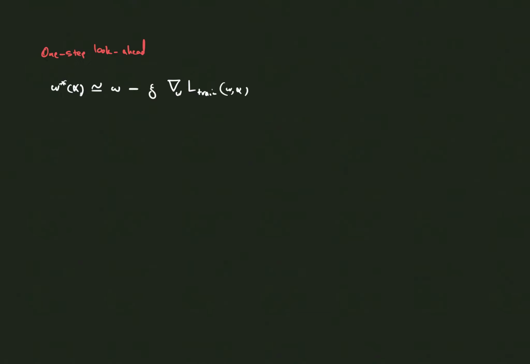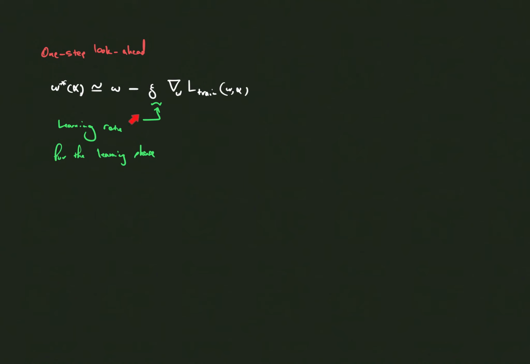We compute the gradient of this with respect to omega, and we have a learning rate. We add this additional gradient step to omega, and this would be the approximation of omega star. Again, note that the initial point, this omega, given that we're doing one step look ahead, is not a function of alpha. If we were to use multiple steps of look ahead, then omega would also be a function of alpha in this case.